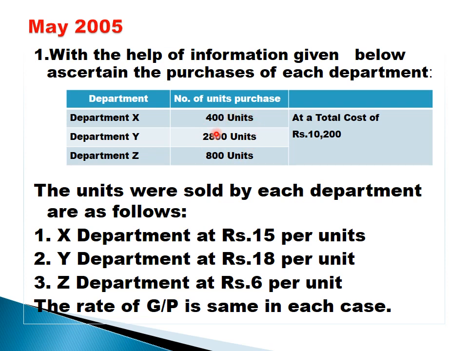So we assume that all units purchased are sold at 15 rupees, 18 rupees and 6 rupees by the respective departments. So first find total profit. Second, find profit percentage. Third, find profit of each department. Fourth, find the purchase cost of each unit. Fifth, find the total purchase.